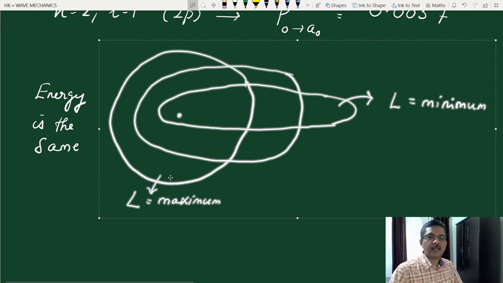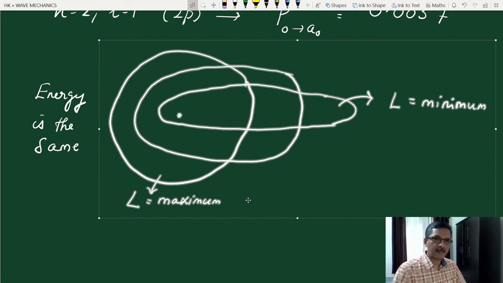Whereas if the angular momentum quantum number L is equal to n minus 1, the orbit is nearly circular. That means the orbit corresponding to the L equal to n minus 1 state behaves nearly like a Bohr orbit in the Bohr model.